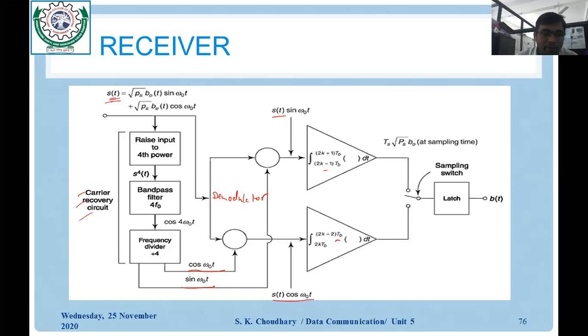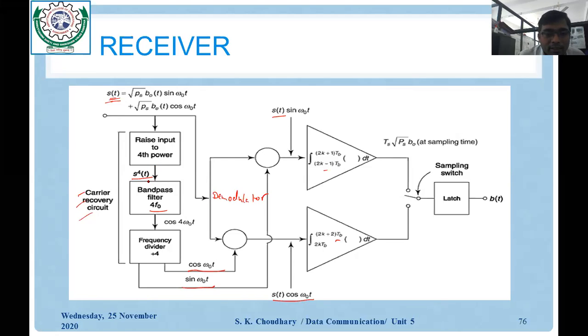So what happens is that s(t) becomes s to the power 4 of t. When you work this out mathematically, you will find that it has a frequency component that is 4 times the fundamental frequency, 4f naught, that is cos 4 omega naught t. This would be present at the output of this fourth power block.